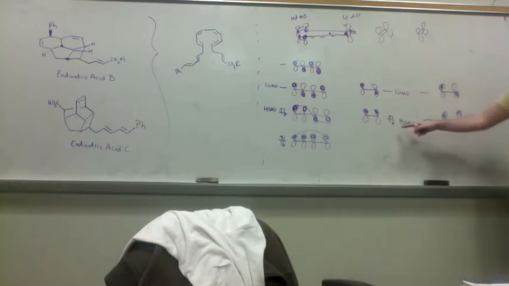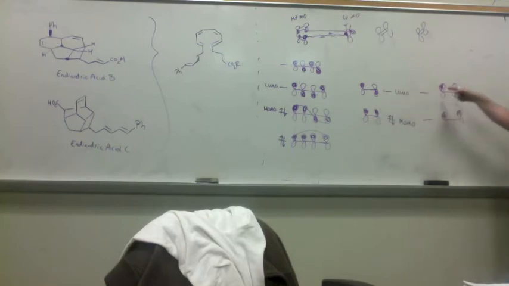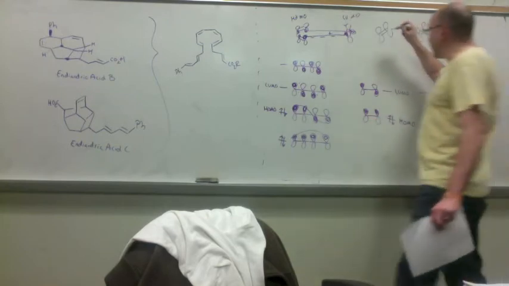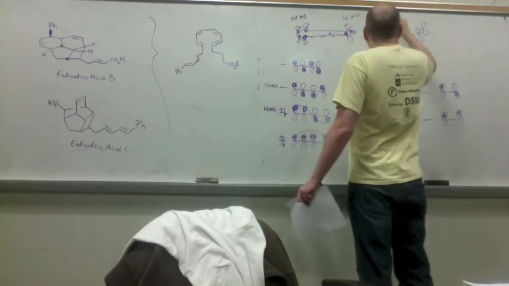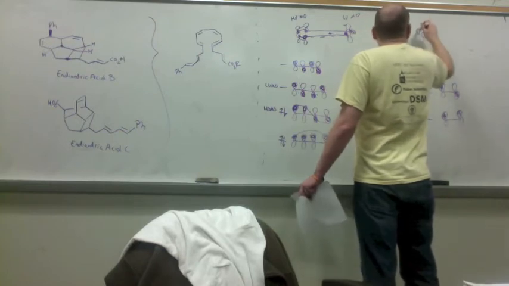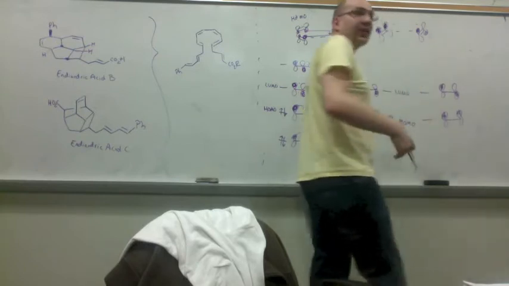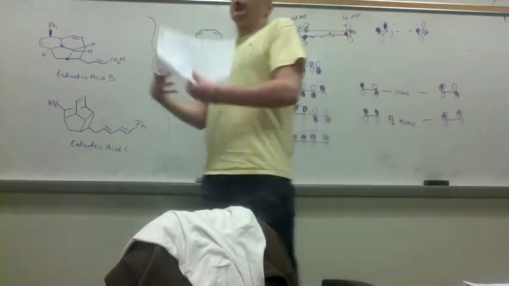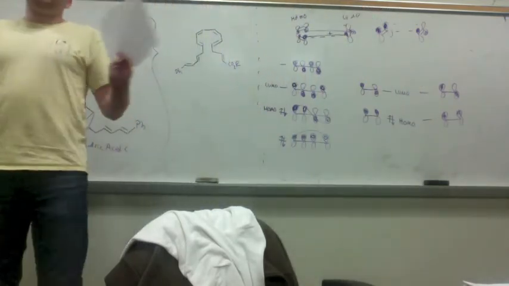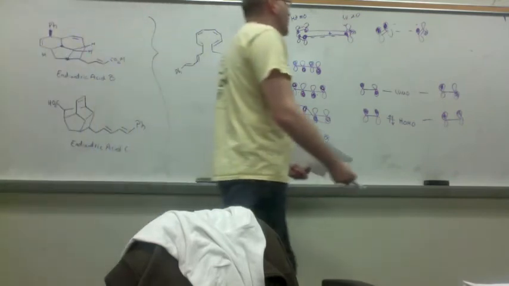Now what you have is the HOMO of one trying to interact with the LUMO of the other, and we don't have that orbital overlap. One of them matches and the other is a mismatch. And so thermally, 2 plus 2s don't happen. You should all know this very well at this point.